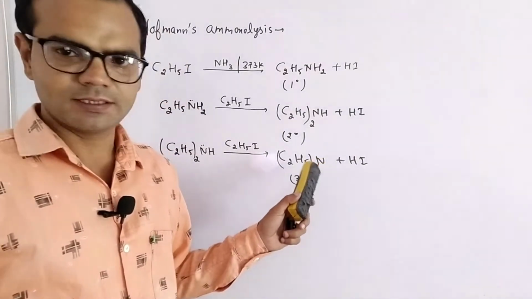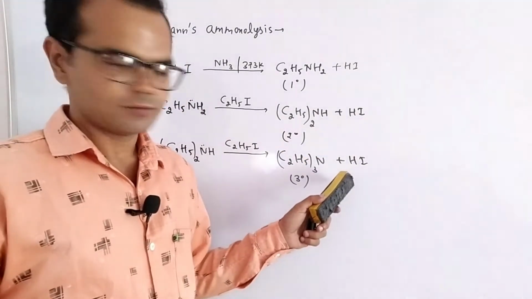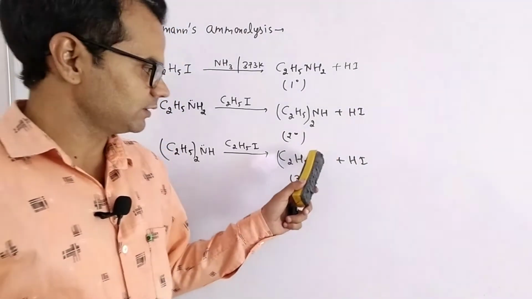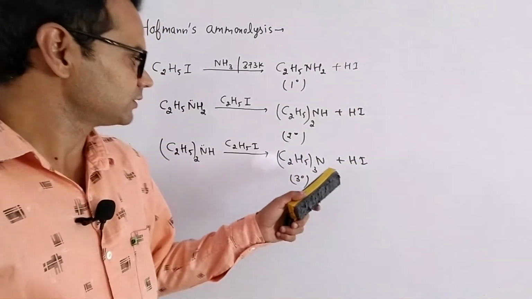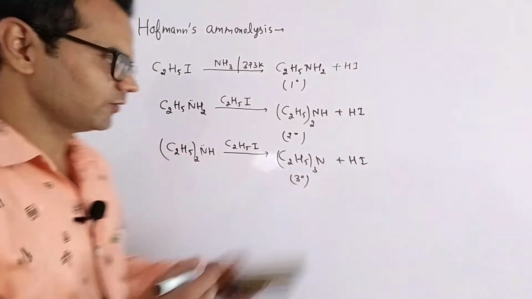Now we can see still there is a lone pair on nitrogen, so this lone pair will be given to another molecule of alkyl iodide. As a result, quaternary salt is formed.